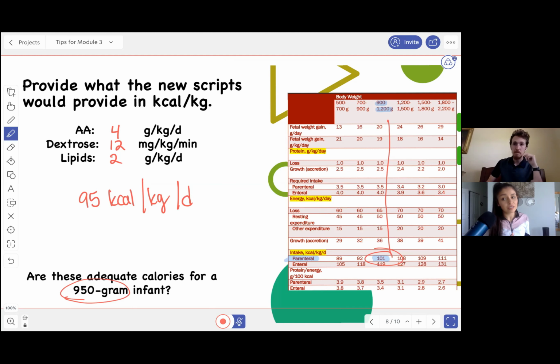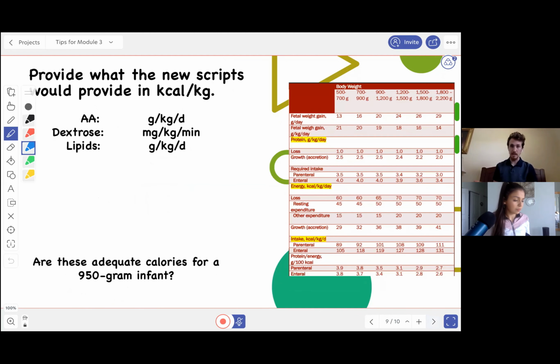We can increase the dextrose. So let's try a script with increased dextrose, and we're going to keep the 4 grams of amino acids and the 2 grams of lipids. If we had 12 milligrams per kilogram per minute of dextrose, how much can we increase it by? We can increase it by at least one. I would say 13.